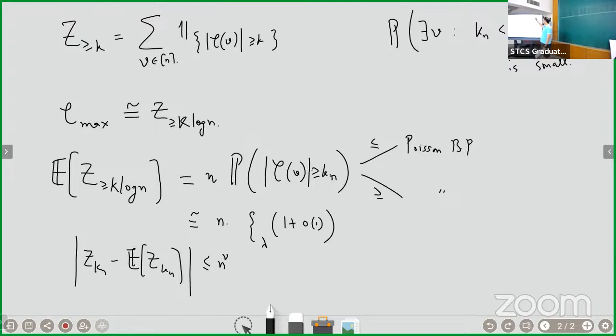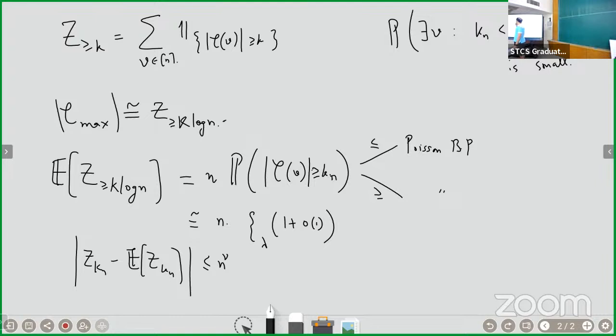There is a vertex for which the connected component is larger than kn but smaller than alpha times log n. If I can show that this is small, then eventually c max is nothing. Then I can really look at capital K log n, which is nothing but little kn.